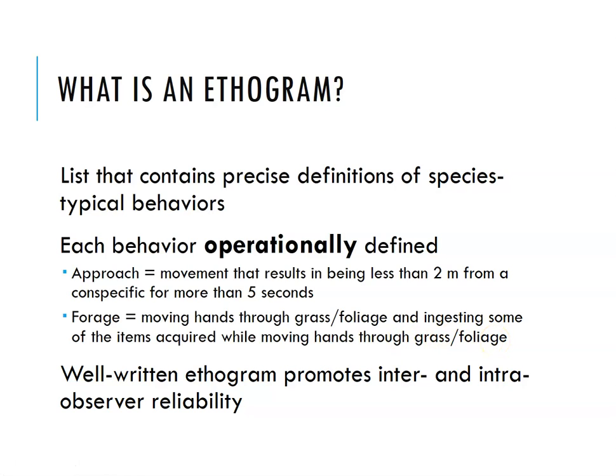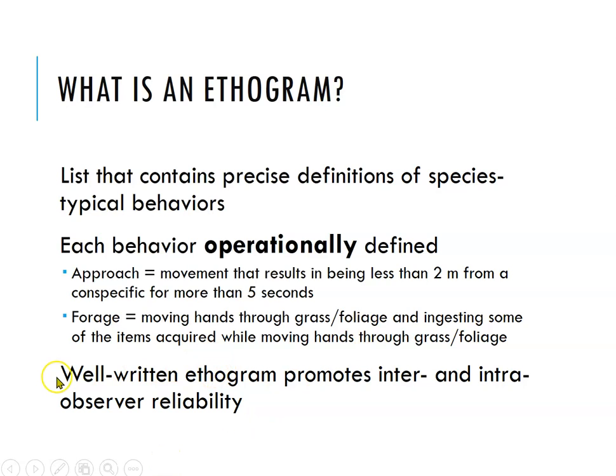If I was looking at my fish, when they forage, they actually flip leaves upside down with their mouths. So the adults will go down to the bottom of a stream, if I'm talking about convict cichlids, and they will flip over leaves and feed on the detritus that's found there. So foraging would be a similar behavior between some primates and some fishes, but it'd be different, and we'd have to operationally define that for each species.